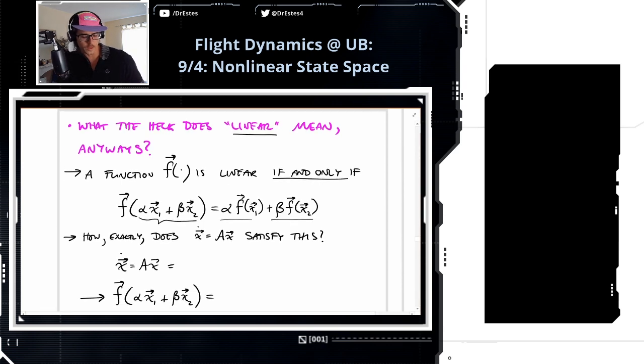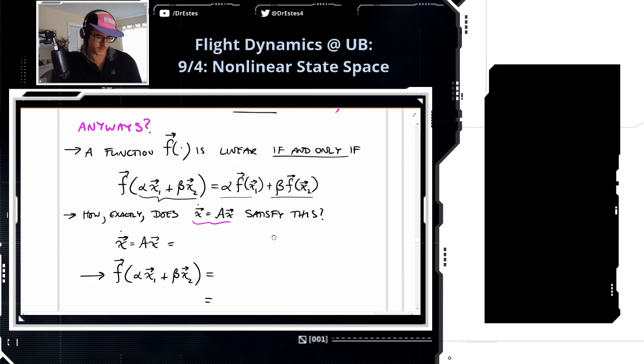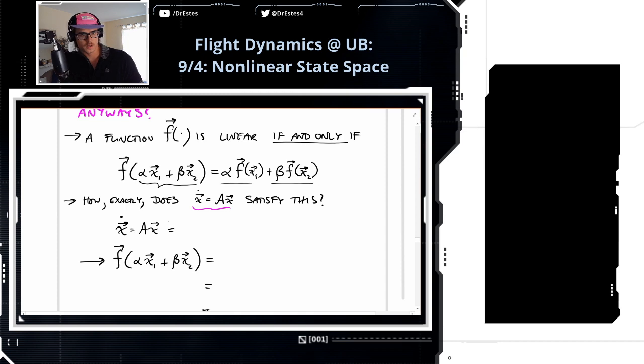So what I want to show you is, let's say we just have this function x dot equals Ax, and we've always been calling this linear, but why exactly is it linear? Well, it's linear because it's going to satisfy this relationship up above. And we're going to show step by step how it does it. So let's start right here. x dot equals Ax, and we're just going to say this is a vector function of x.